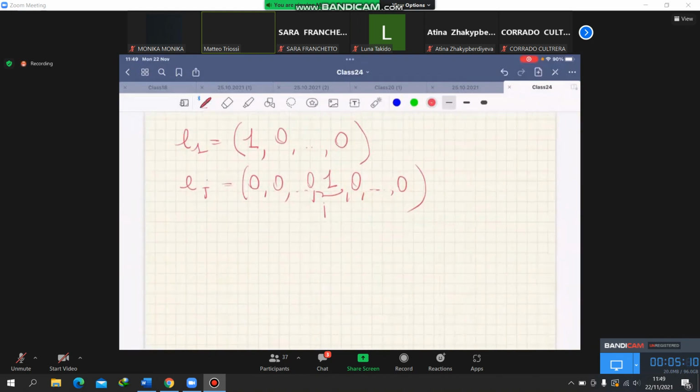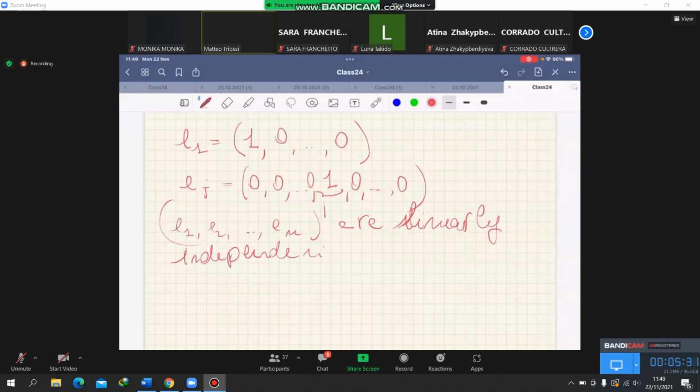So E1, E2, En are linearly independent. Why?